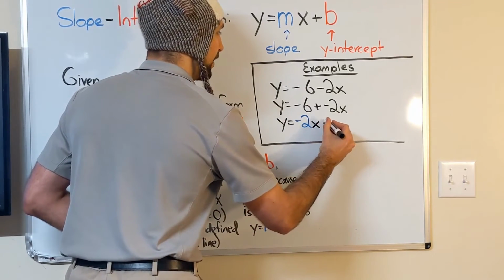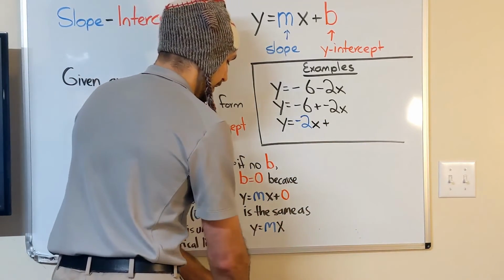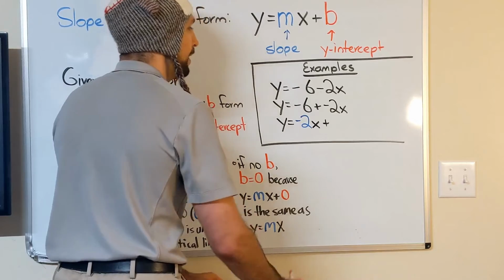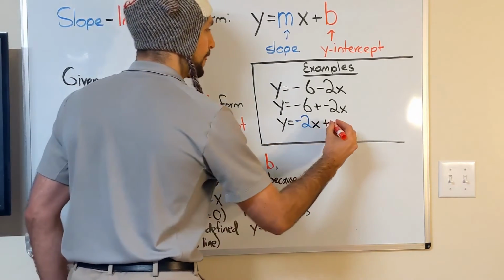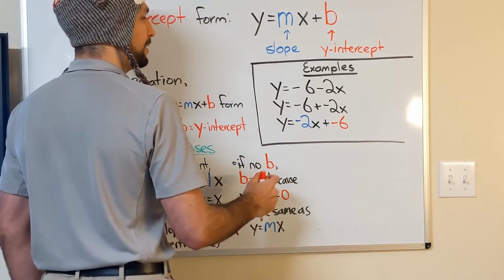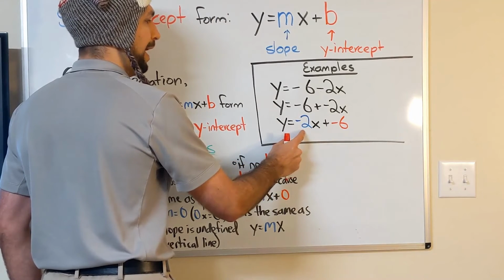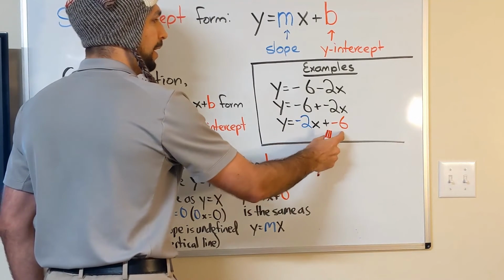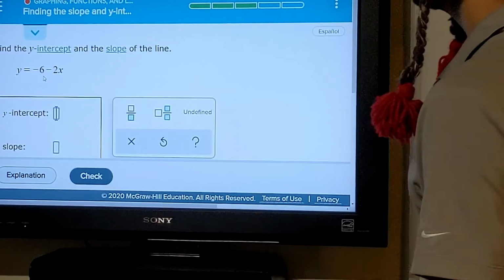and here's another good reason to have that plus in here. We want to make sure we include that negative sign in our b. So our standard form should always be mx plus whatever our b is. Here, negative 6. So now that we've written this in slope-intercept form, we can clearly see the slope, the m, will be negative 2, and the y-intercept, the b, will be negative 6.